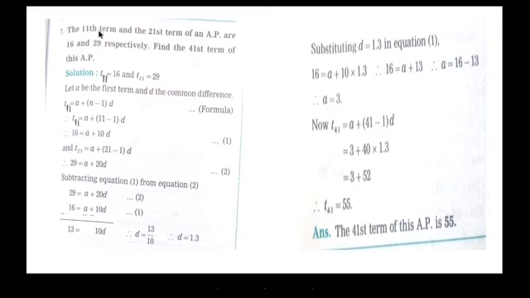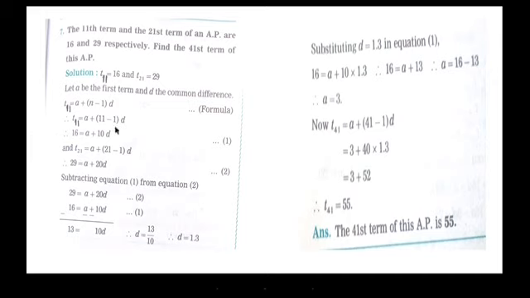But we are given the information about two terms, the 11th term and the 21st term. Using this we find the first term and the common difference. The 11th term is 16, that is T11 is 16, and the 21st term is 29, that means T21 is 29.